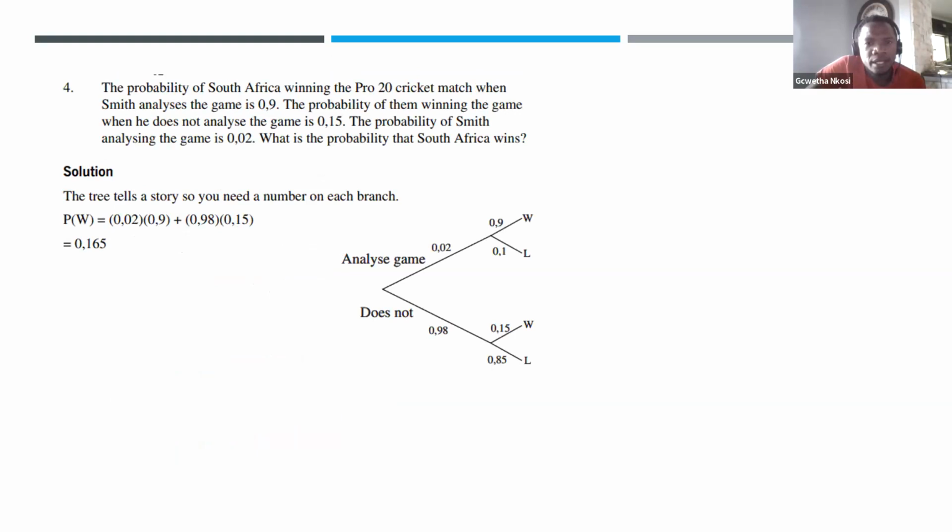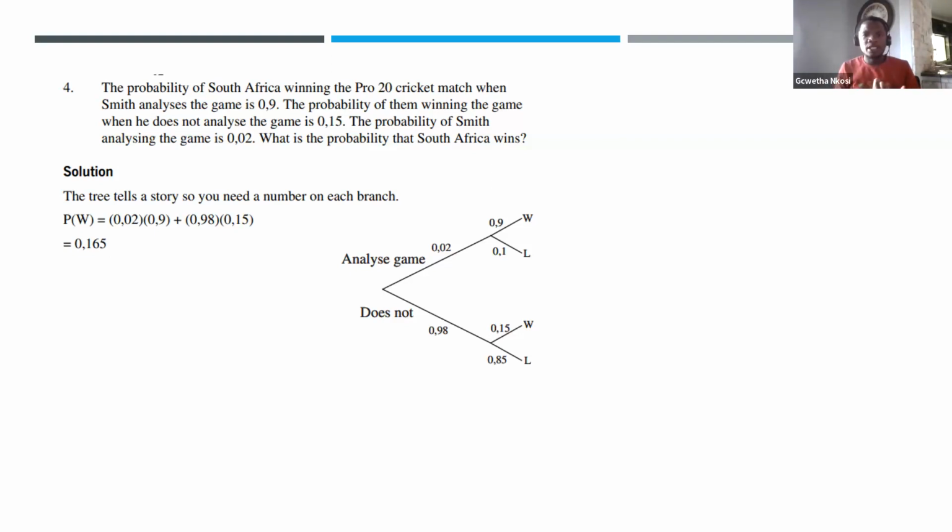The probability of them winning the game when he does not analyze the game is 0.5.